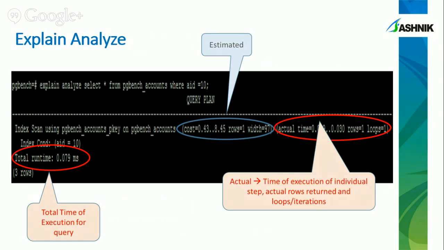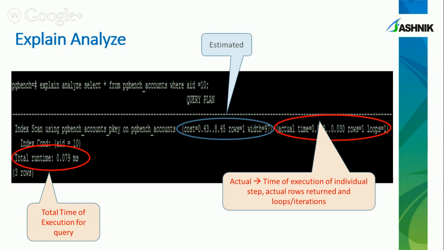Let's look at a variant of explain command, which is explain analyze. So explain analyze is a little different from plain explain. Explain analyze actually executes the query and gets the actual information as well, and not just estimates.